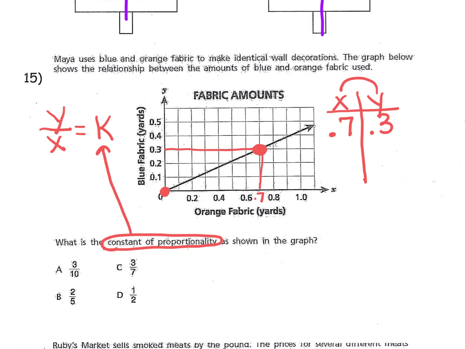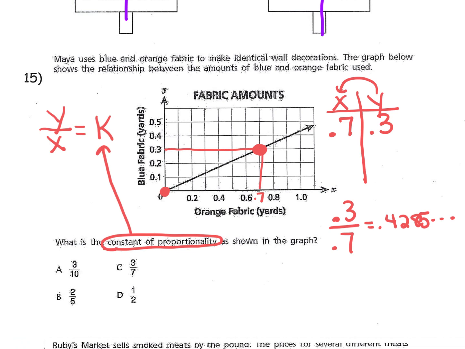We're going to set up the ratio, and we get 3/10 over 7/10. But you realize that that's not given. So you can take and calculate the K rate. Do 3/10 divided by 7/10, and you get this decimal.